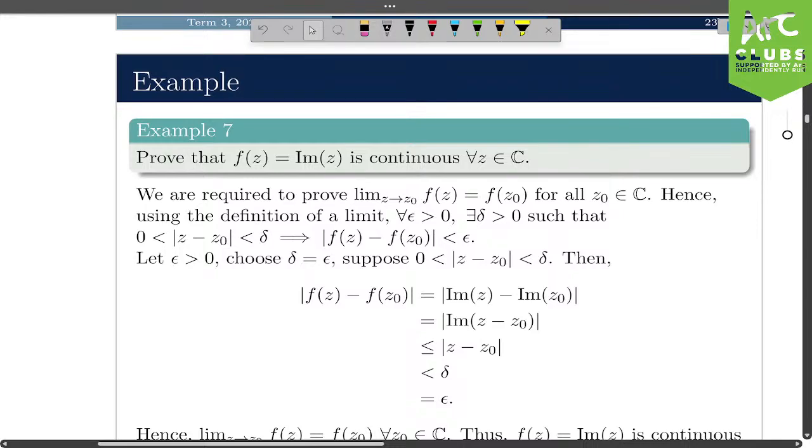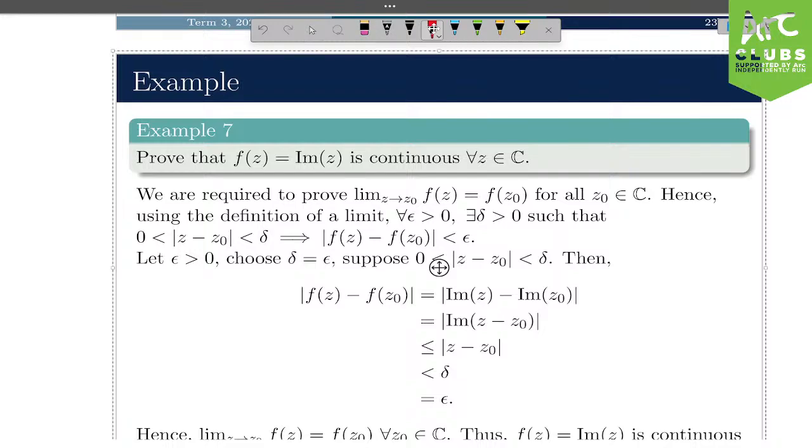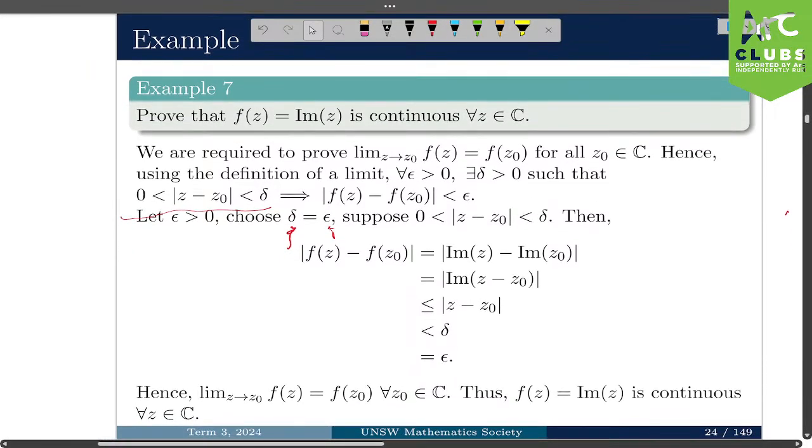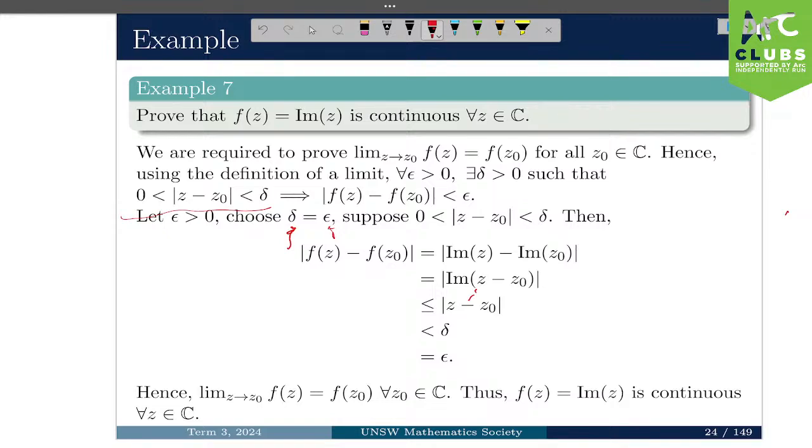How we do it, we just use the definition: for all epsilon there exists delta. So if we get arbitrarily close, if we just choose our delta to be equal to epsilon, we get that the imaginary part of z minus z0 is less than or equal to the modulus of z minus z0.